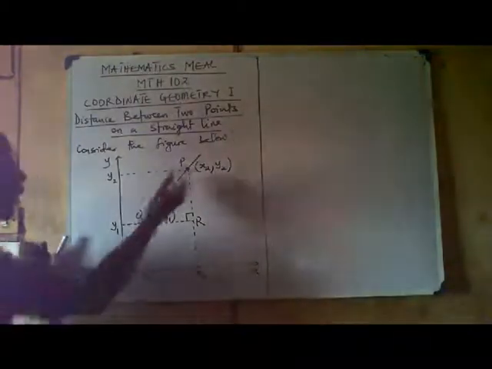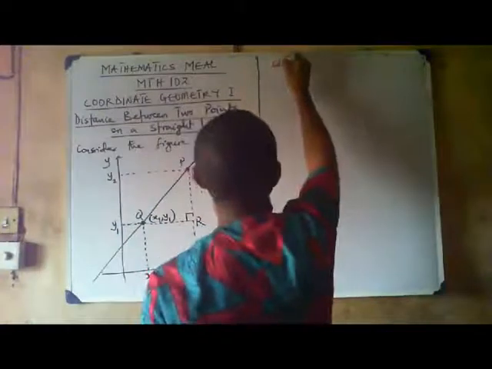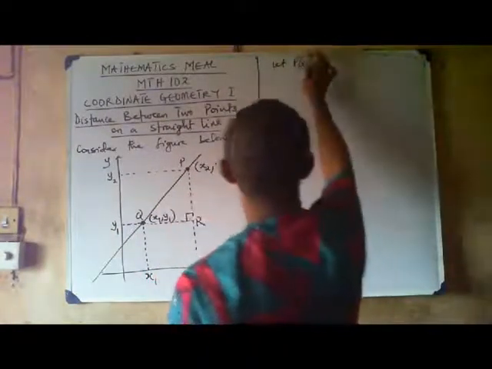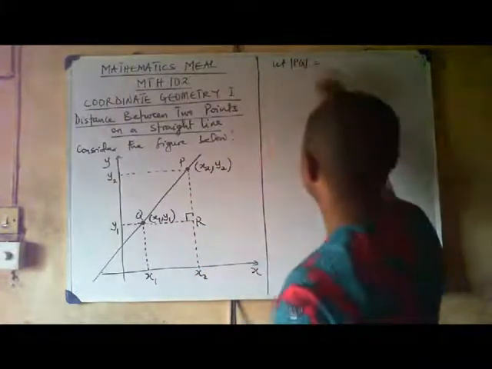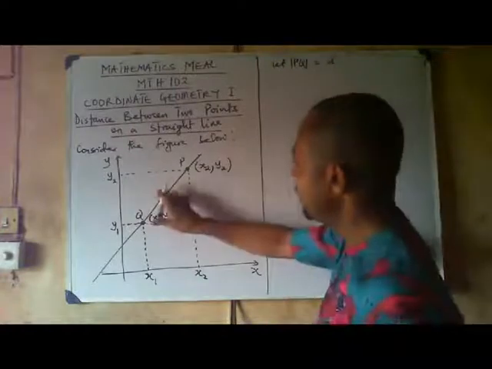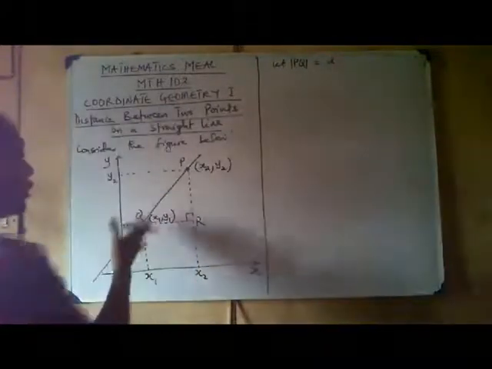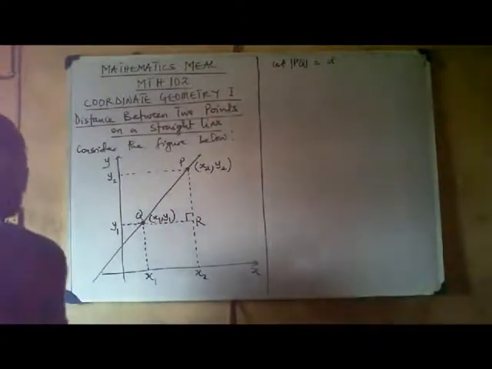So if I say let this distance be PQ, that's this line PQ, or side PQ, in geometry, let here be D. Now applying Pythagoras, PQ is actually the what? The hypotenuse, while these are the other two sides.